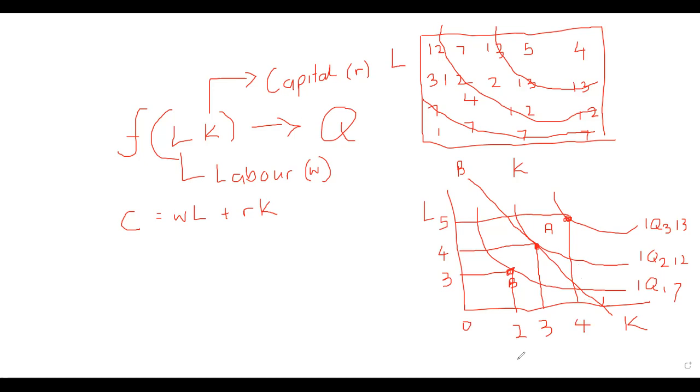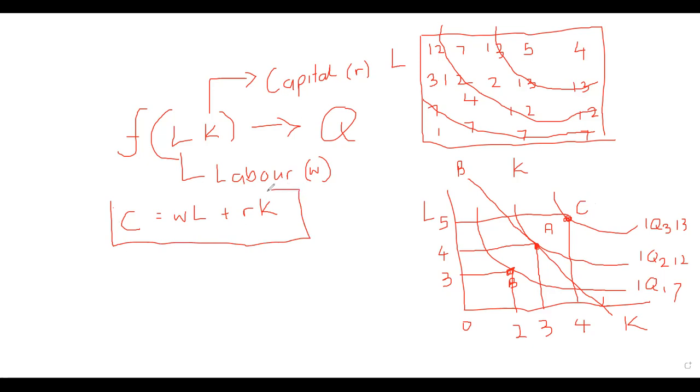I'm trying to prove a point. That at point A, you're optimally using your resources because you are working within the budget. At point B, you're being inefficient. You're being wasteful. At point C, it's unattainable because that is working outside your budget.